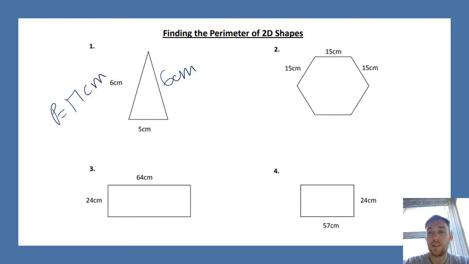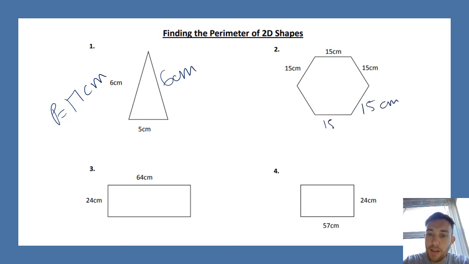Okay, now looking at question 2, I can see that it's a hexagon and all the sides are the same length, so it's a regular hexagon. So I know that this is 15 centimeters, 15 centimeters, 15 centimeters, and then we just carry it on round.